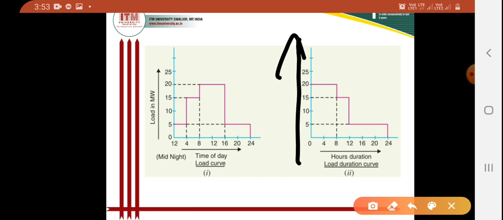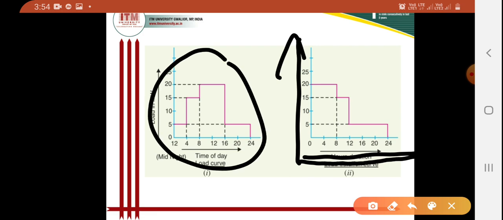This axis will carry the load in megawatt, which is 0 to 25, and this is our time, which is 0 to 24 hours. Now what is our aim? We have to arrange this load in a descending order.